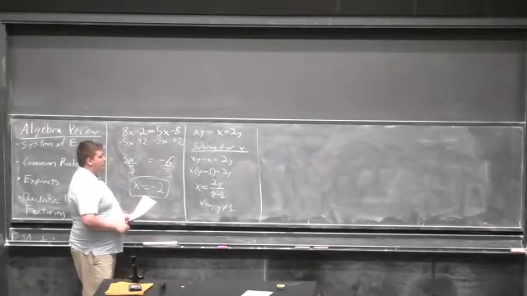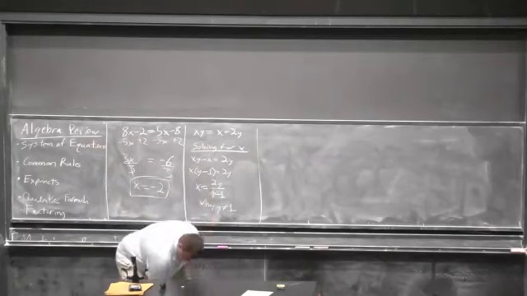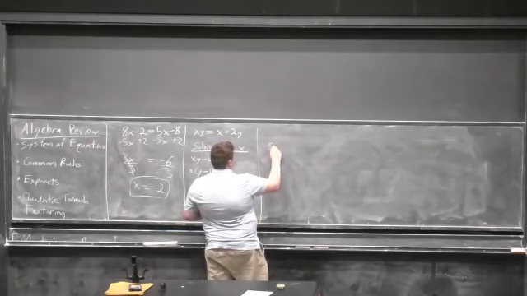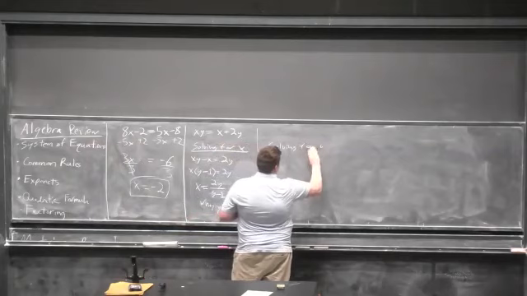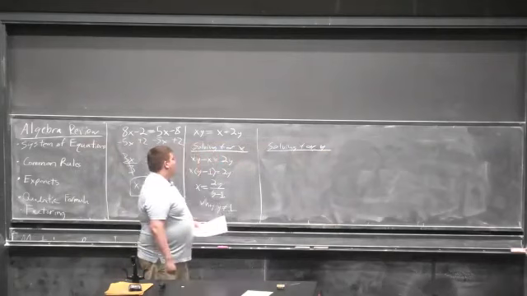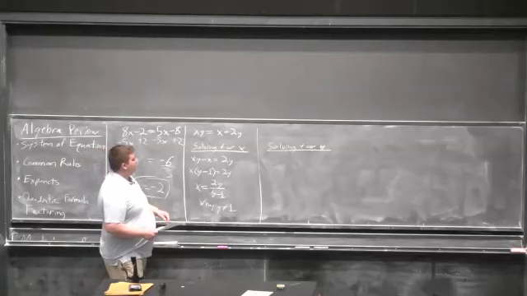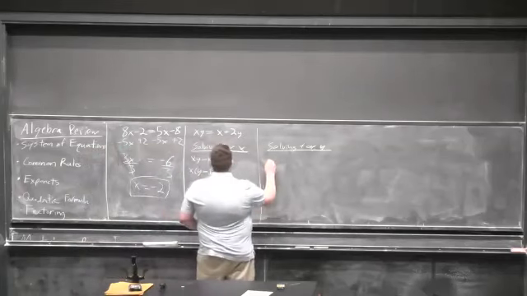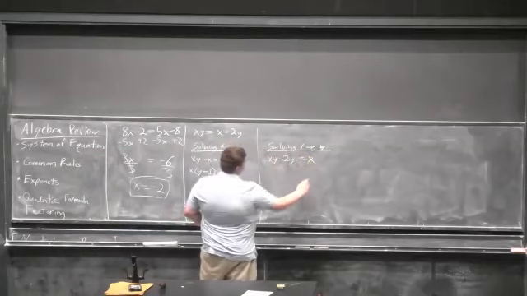So the next one we have, we're going to solve it for y. When we solve for y, we can subtract 2y, so we get xy minus 2y is equal to x.